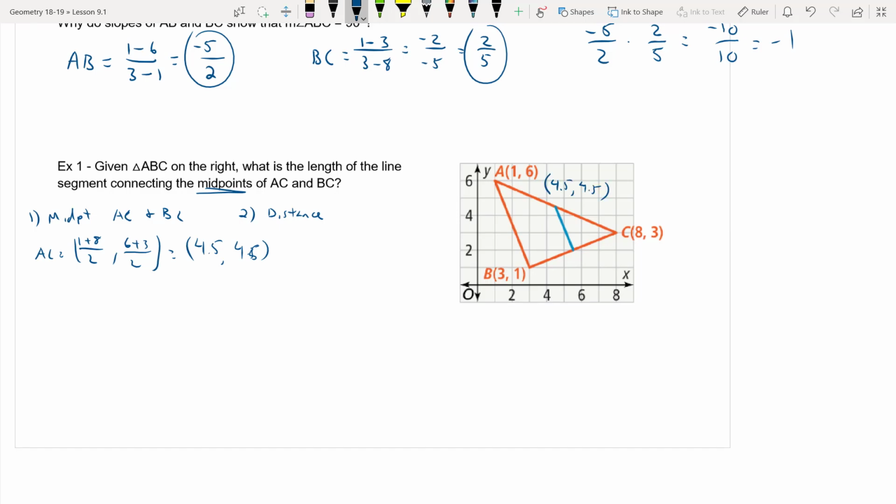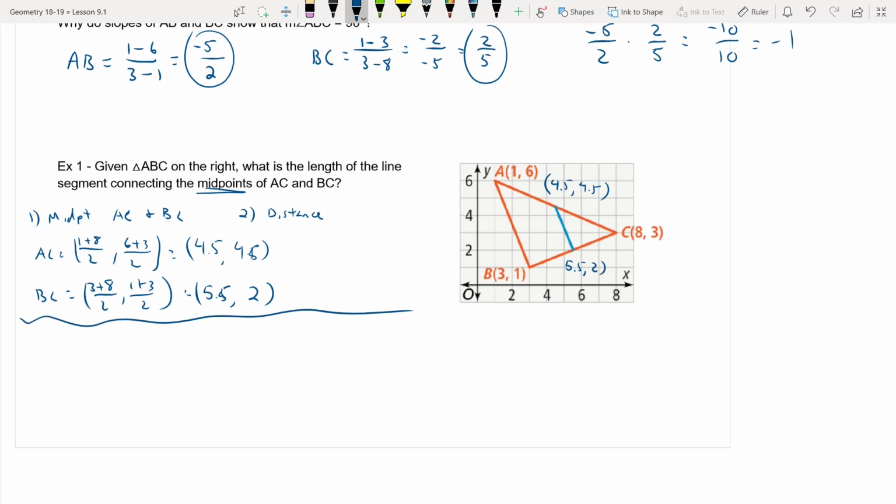And then for BC, I've got 3 plus 8 over 2, and I've got 1 plus 3 over 2. So that gives me 11 over 2, or 5.5, and 4 over 2, which is 2. So this point is 5.5 comma 2. So that was step 1.